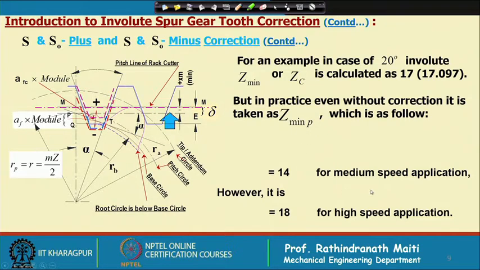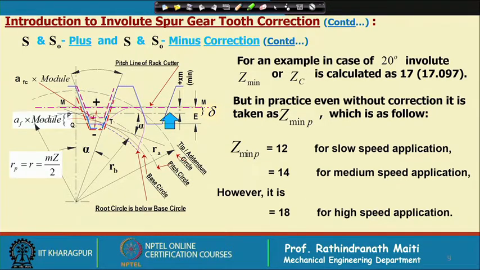We can take this as 12 for slow speed application. Mind it, we normally are supposed to take 17 teeth, whereas it is recommended that without correction, even 12 teeth can be used if the speed is very slow.